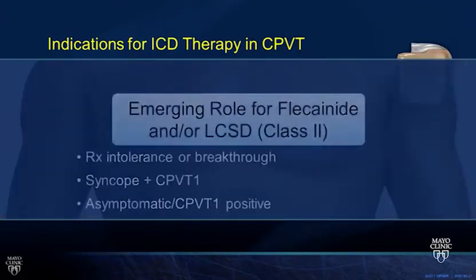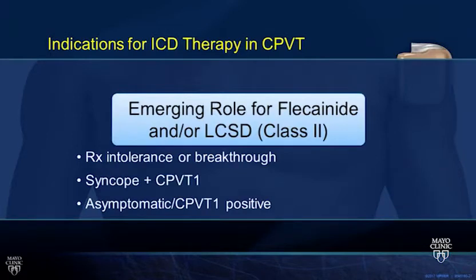Why are we using the ICD so much less? Because the ICD has been directly responsible for the deaths of several CPVT patients, with the inciting shock being an inappropriate shock secondary to sinus tachycardia that woke up the Kraken. And then all heck broke loose with the electrical storm that the device could not restore order.